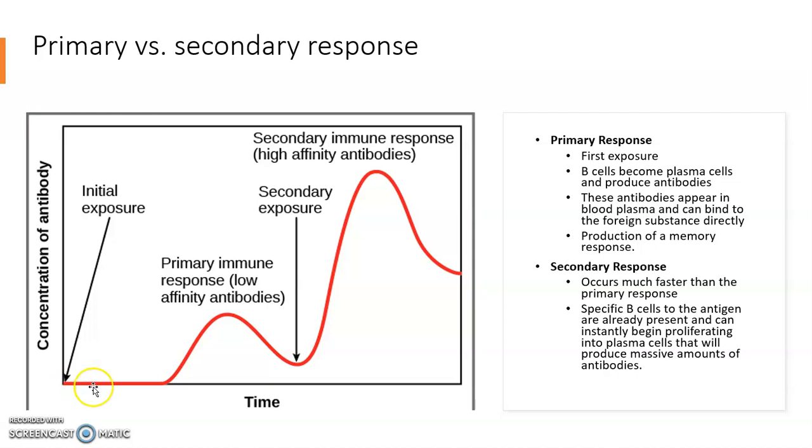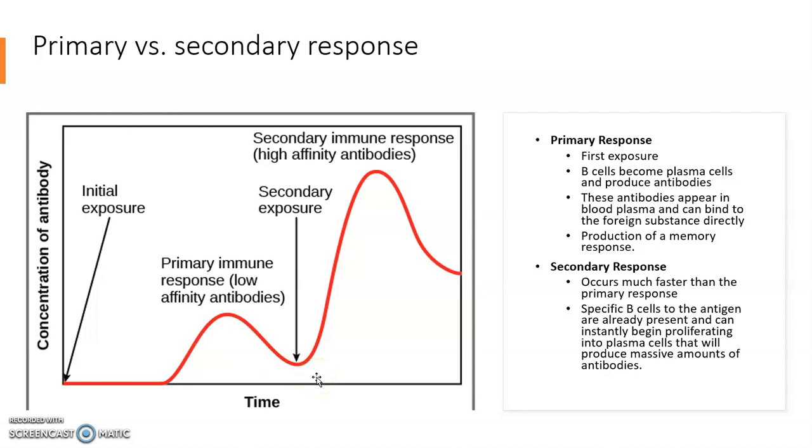But over time, usually about a week or two, the cell lines become activated, and then our body produces antibodies to fight off the infection, and then ultimately we get better. So that first time you're exposed, you're going to get sick, unfortunately, but your body's going to fight back. It's going to produce antibodies, which we see here, and then you'll get better.